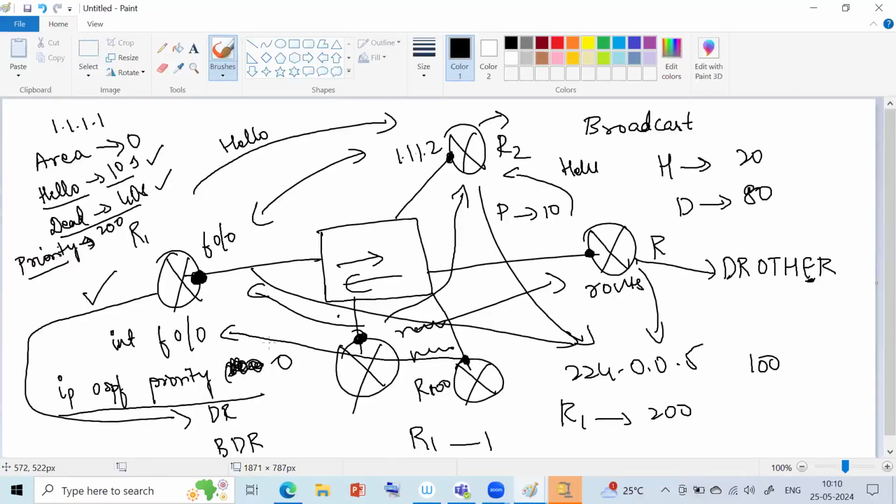If you give ip ospf priority of any interface to be 0, it will never take part in any election. It will never become DR or BDR.